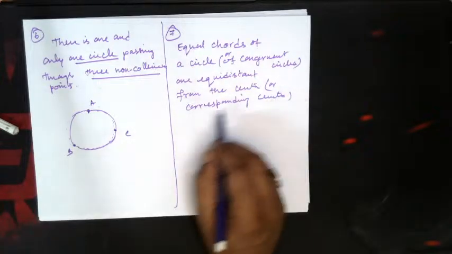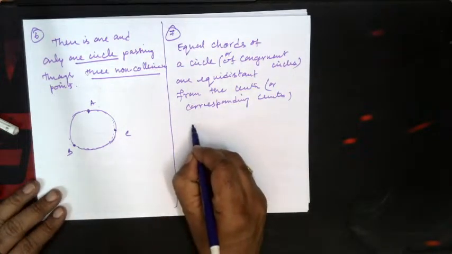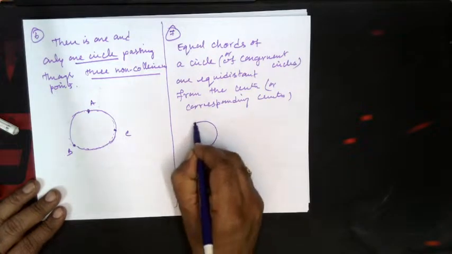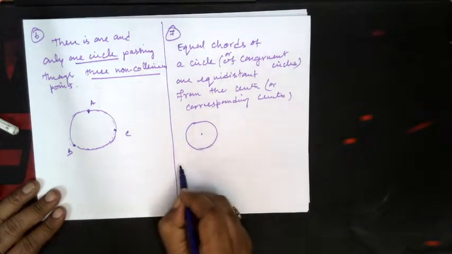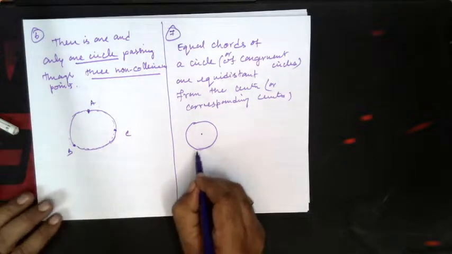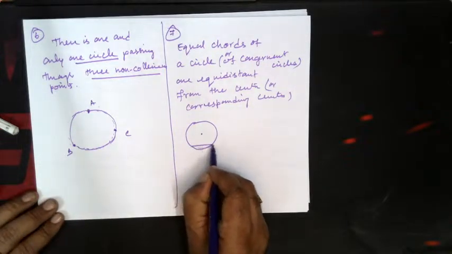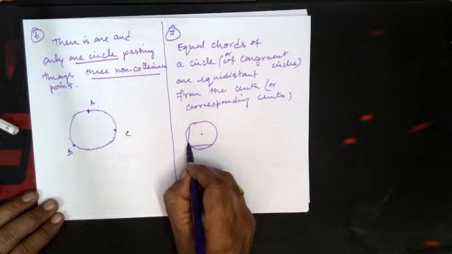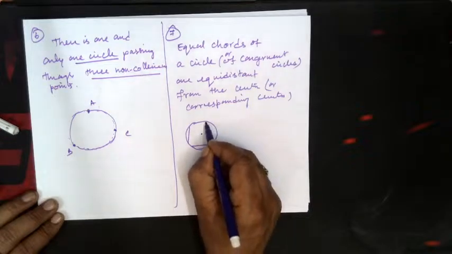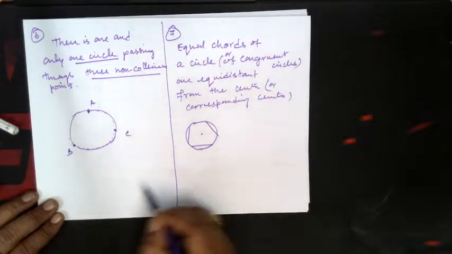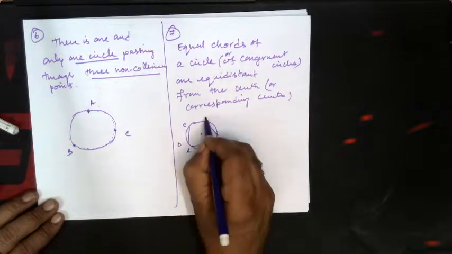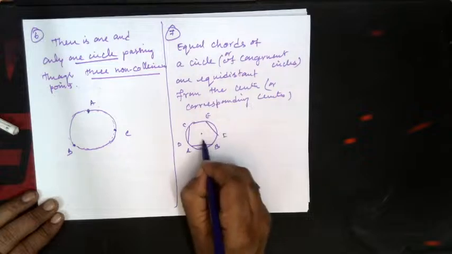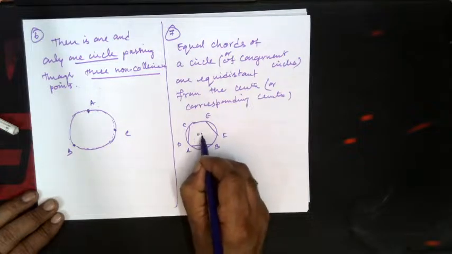So what do you mean by this? For example, let me have a single circle like this, and I have a center. Equal chords means I have AB and CD. There may be any number of chords, but they should be of equal length. So AB, CD, EF are all equal.